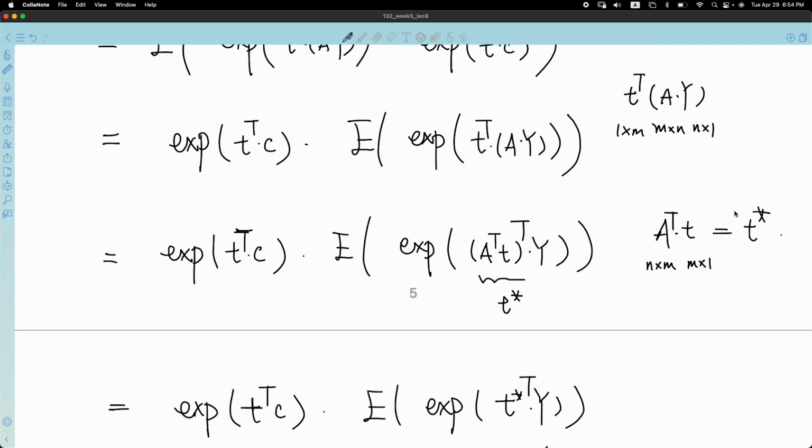After adding it, you see n by m, n by 1, you have n by 1. So the dimension for T star is n by 1. The T is m by 1. Okay, thanks.